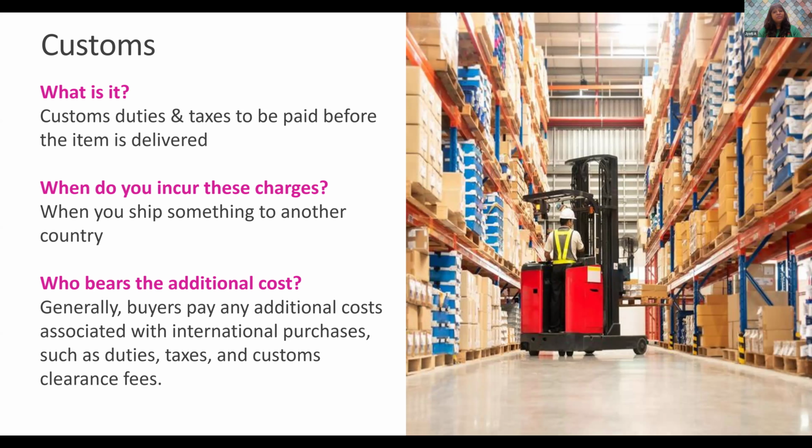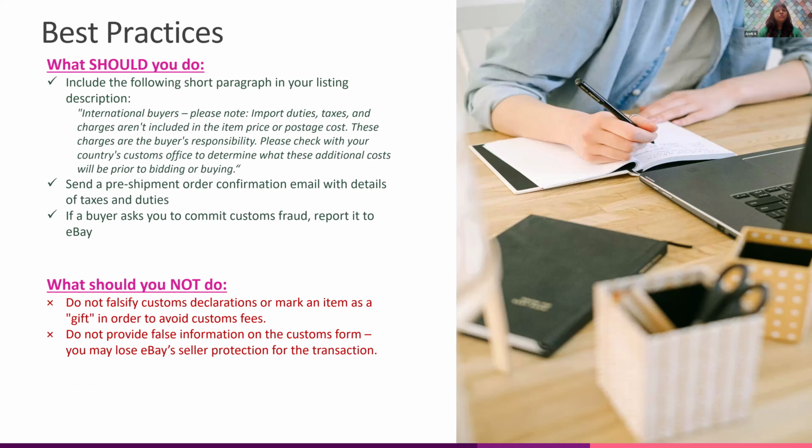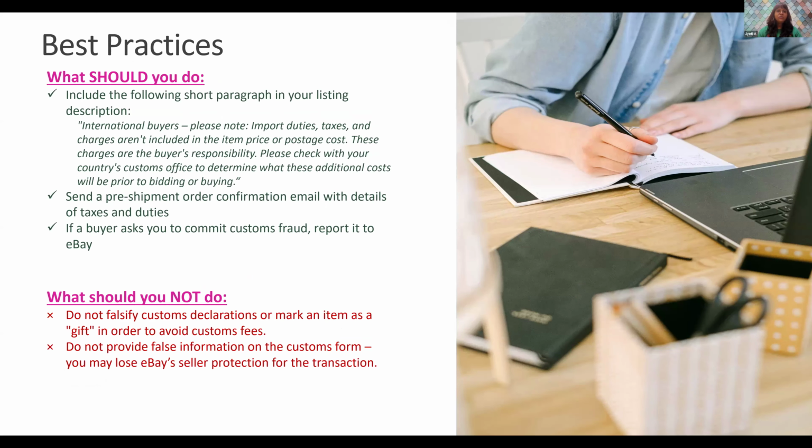So, what are the best practices that you as a seller on eBay need to follow to take care of this factor that may impact your order management? As I informed in the earlier slide, generally buyers pay any additional cost associated with international purchases. There are certain do's and don'ts with regards to customs.